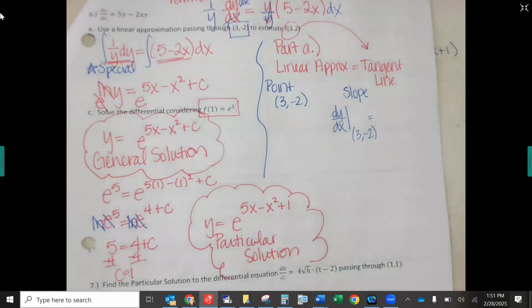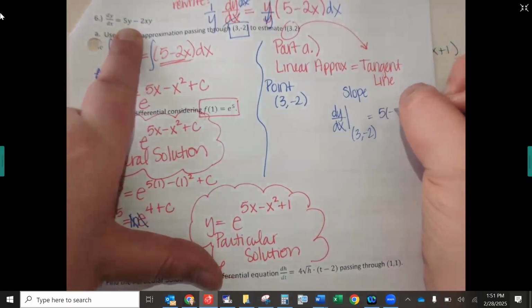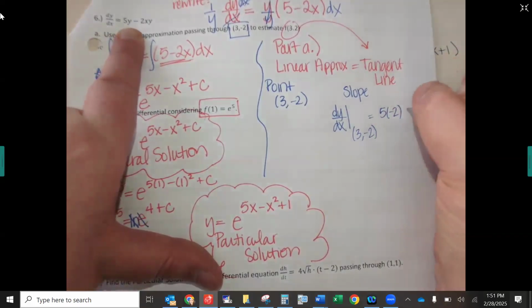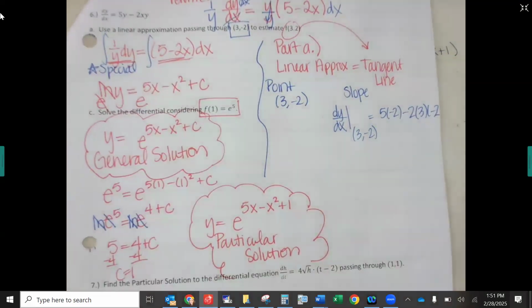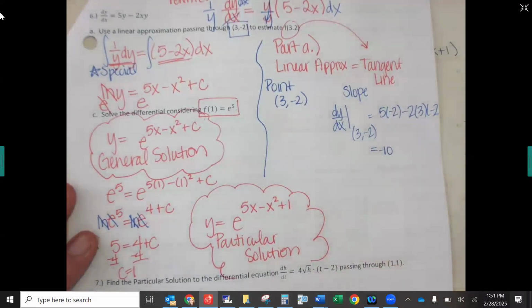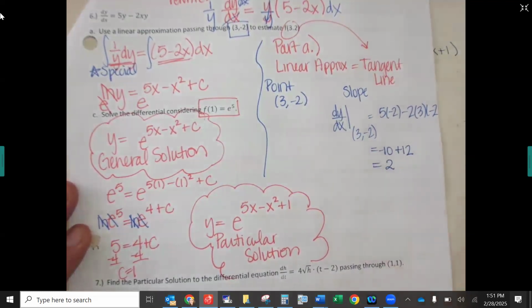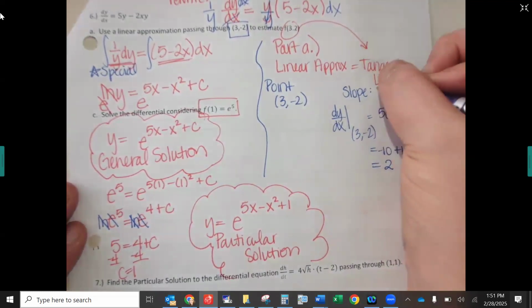So 5y minus 2xy: 5y would be 5 times -2, minus 2xy would be 2 times 3 times -2. That's -10 for the 5 times -2. And then 2 times 3 is 6, times 2 is 12, plus or minus on that though? Plus. So -10 plus 12 means my slope is 2.